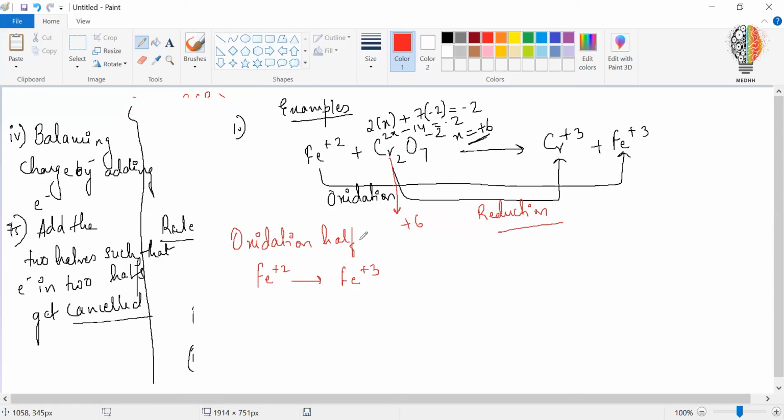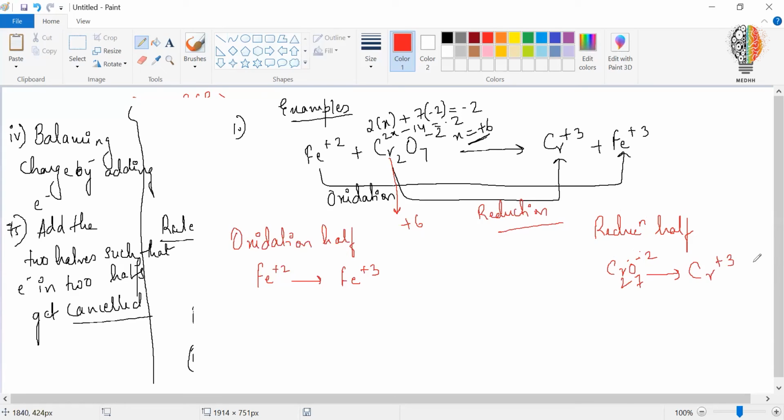Next is the reduction half: chromium plus 6 to chromium. Let's not write this; we'll write the whole compound as given, because we have to balance everything: Cr2O7 minus 2 to chromium plus 3.